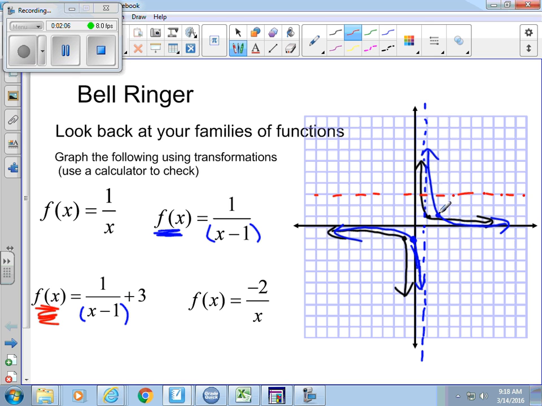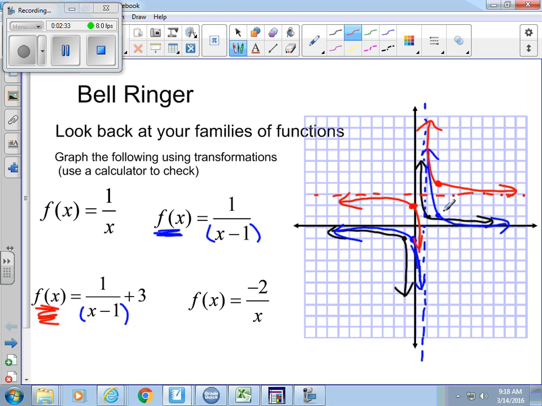So I'm going to pick each point up and move it right 1 and up 3. And so from the blue, it's just moved up 3. Okay, any questions about that one so far?